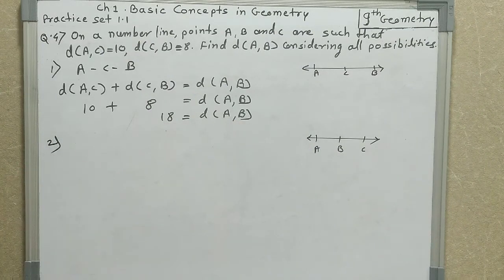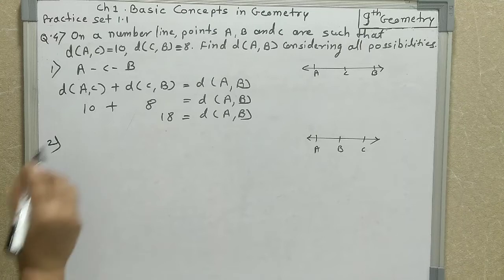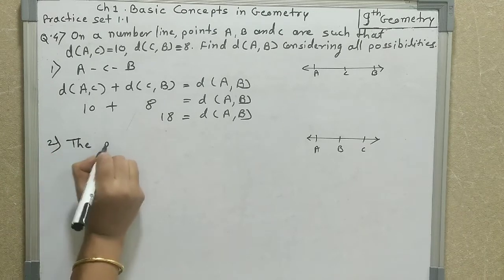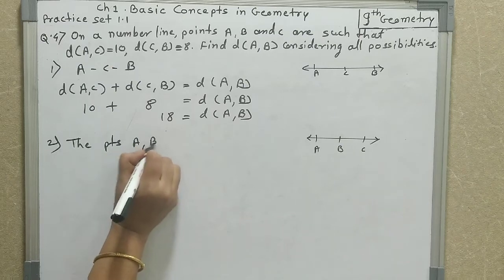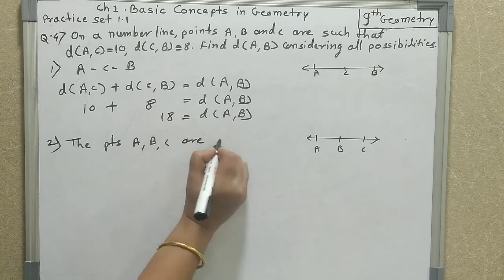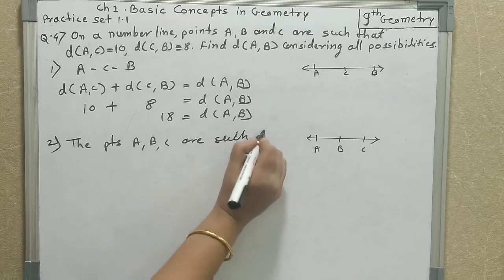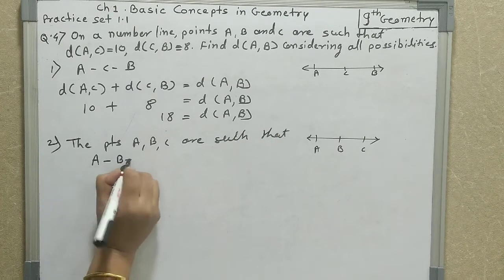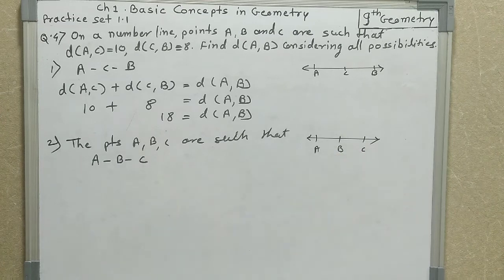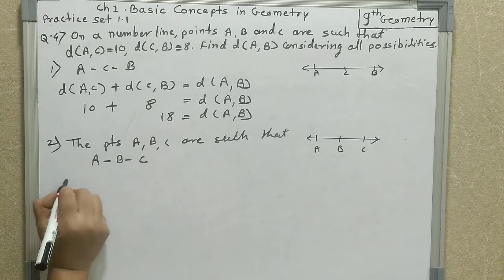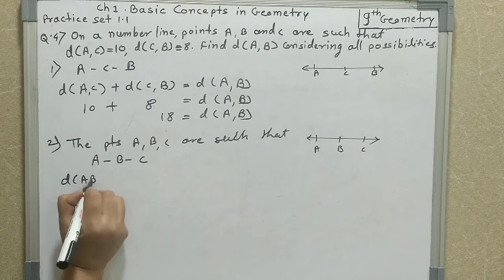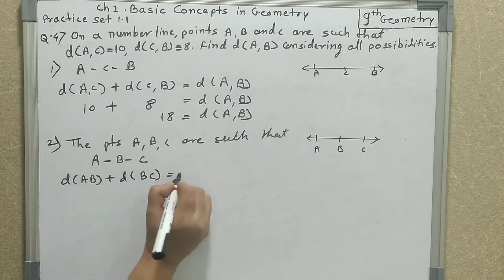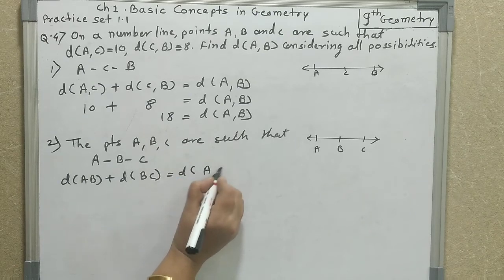Now the second possibility. In this possibility, the points A, B, C are such that the order is A-B-C. Now here the distance AB plus distance BC is equal to distance AC.